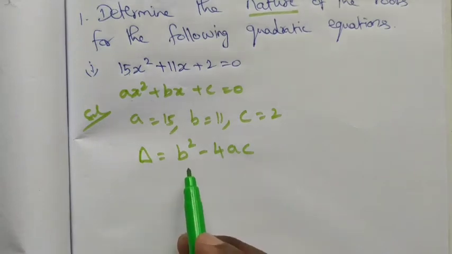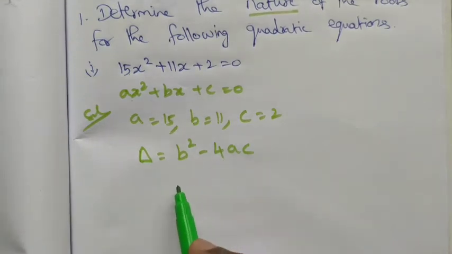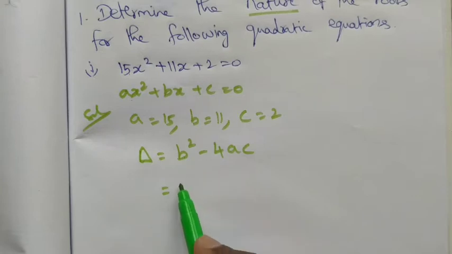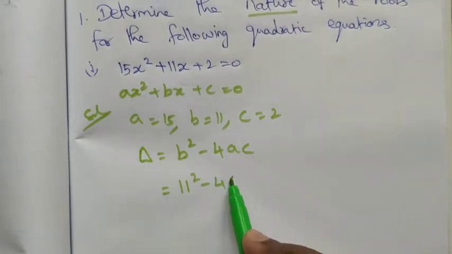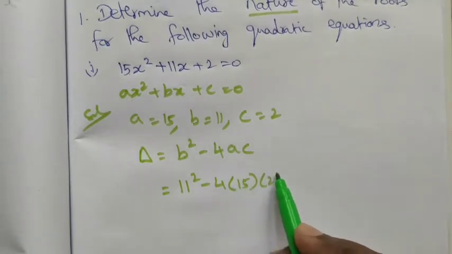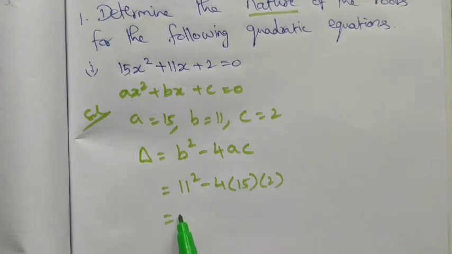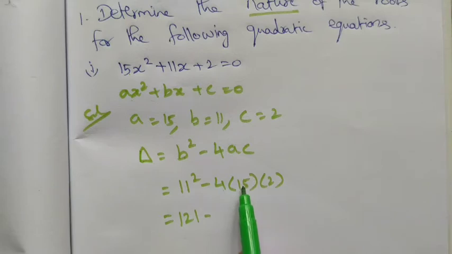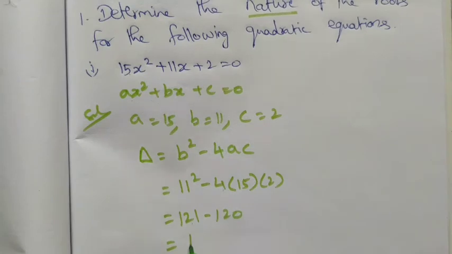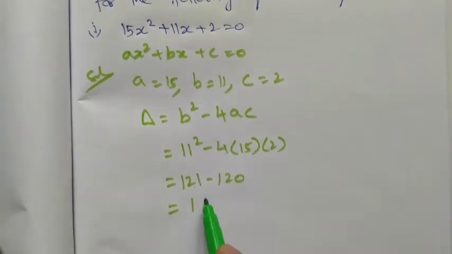You have to apply the values of a, b, c. So b is 11 square minus 4 into 15 into 2. 11 square is 121, 4 into 15 is 60, 60 into 2 is 120. So 121 minus 120 is equal to 1, which is greater than 0.